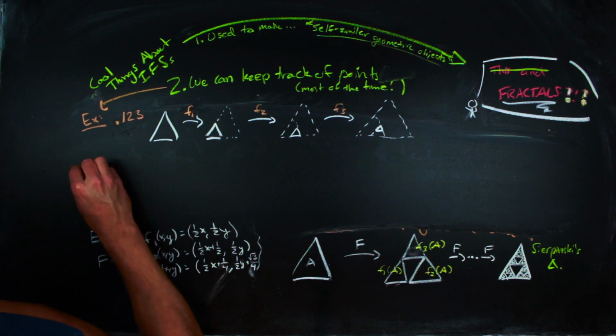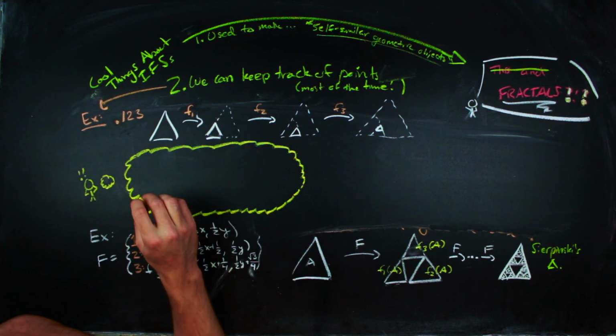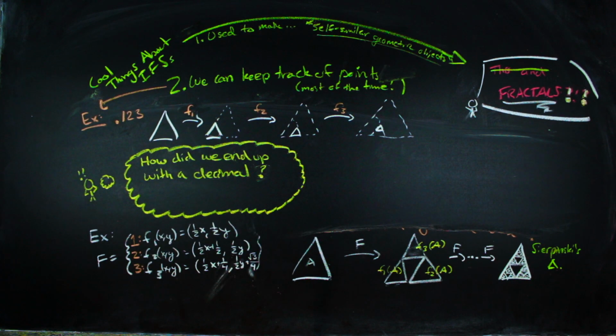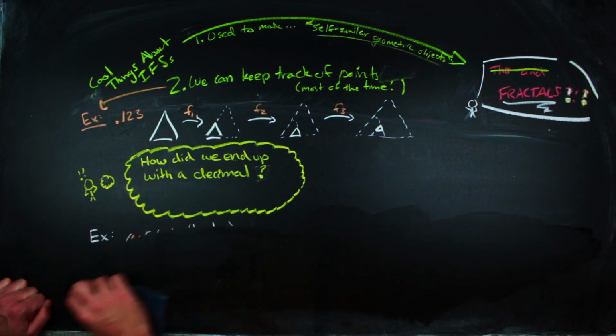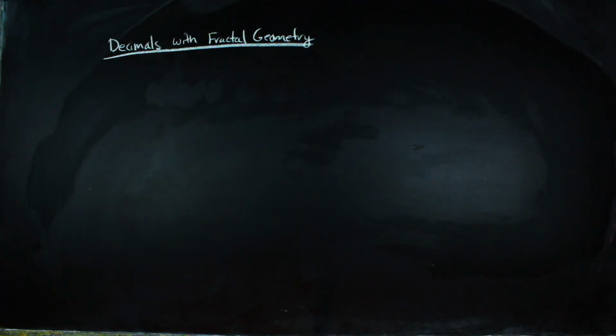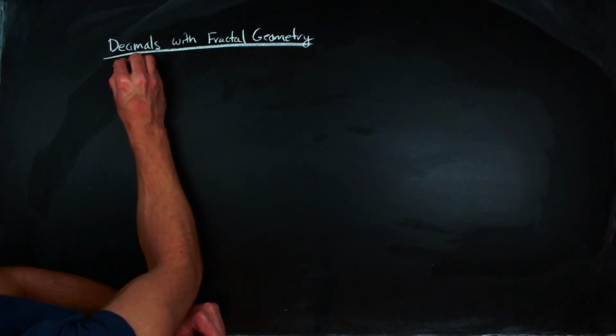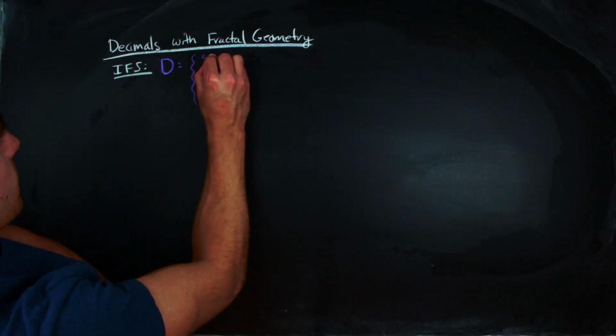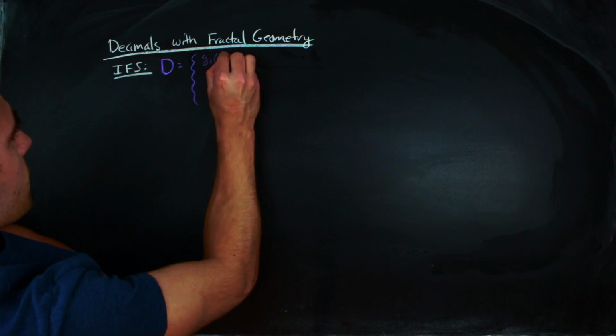So somehow, after all of that weird geometry stuff, we got back to decimals. It may seem a little bit odd, but decimals from 0 to 1 can actually be thought of as the result of applying an iterated function system repeatedly to the interval from 0 to 1. In this case, we will have 10 functions in our system instead of 3 in the system that produced Sierpinski's triangle.